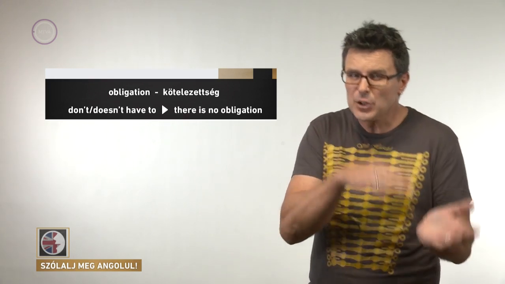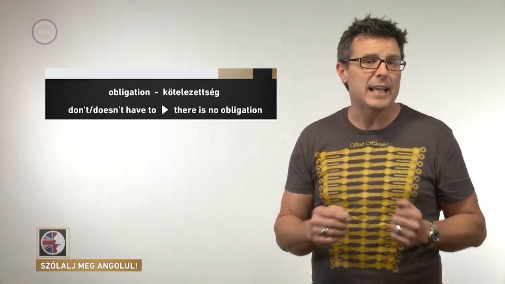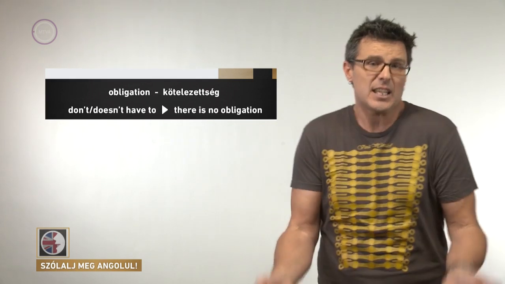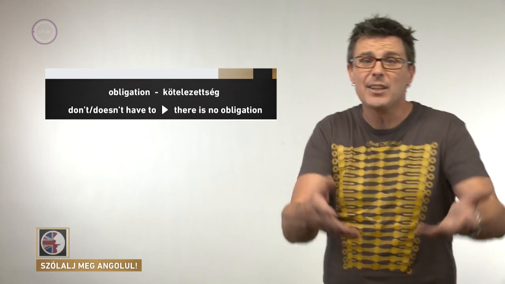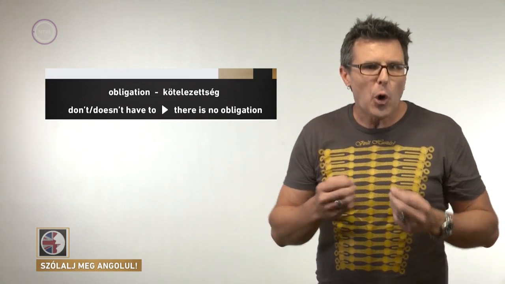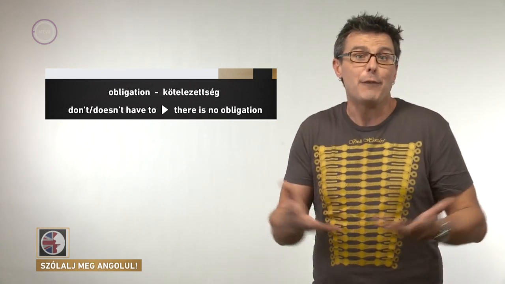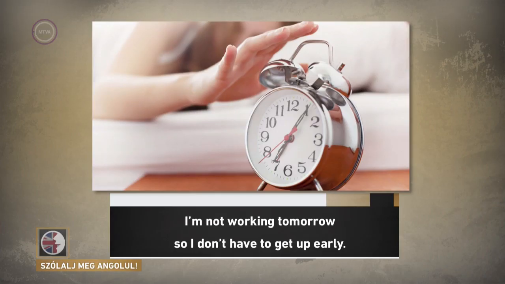So, don't, doesn't have to means that there is no obligation to do it. It's up to me, or you, or him, or her, or it, or us, or you, or them. There is no obligation to do it, but if you want to do it, then you can. It's your choice.